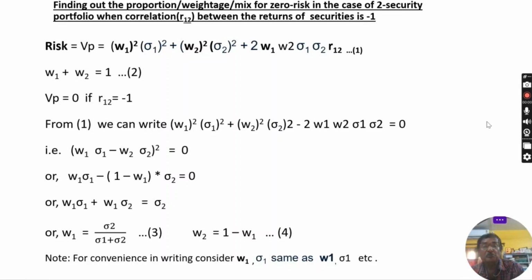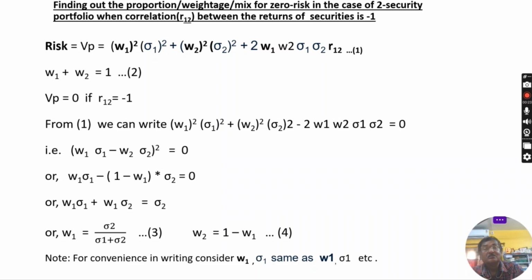In my previous video, I discussed how to compute risk and return for a two securities portfolio. Today, I am going to discuss a special case for risk reduction.